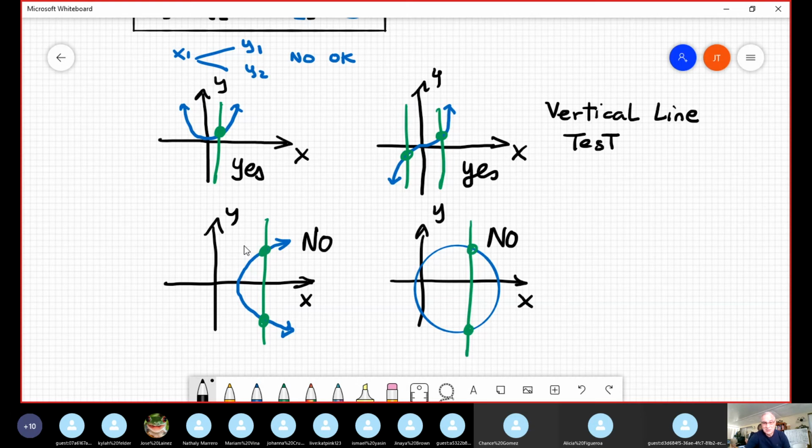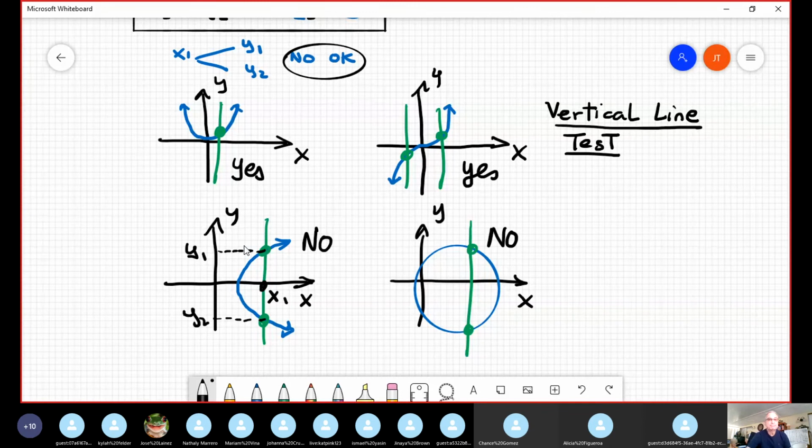Let me try to explain the idea behind the vertical line test. It's elementary. Look, suppose one x value here, called x1, is associated in the graph with two different y values, y1 and y2. And you see that this is a violation of the function. Actually, this is not one-to-one.